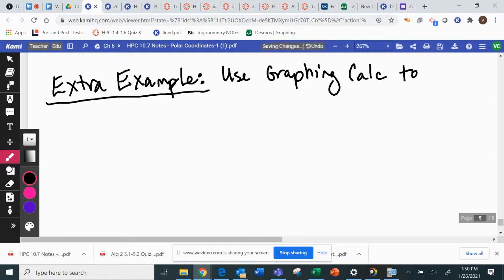It was to use the graphing calculator to find one set of polar coordinates at the point given in rectangular. I'm not going to write all that. Use graphing calculator to change this XY to polar.